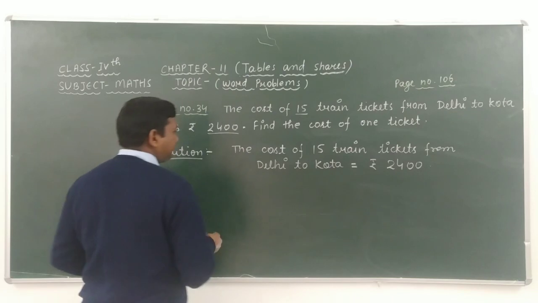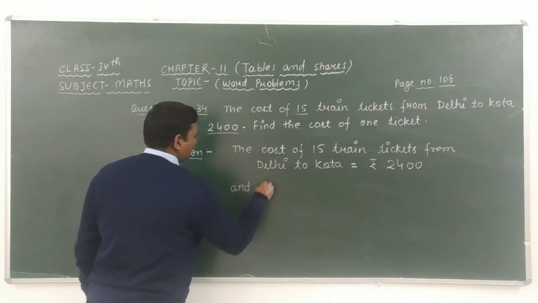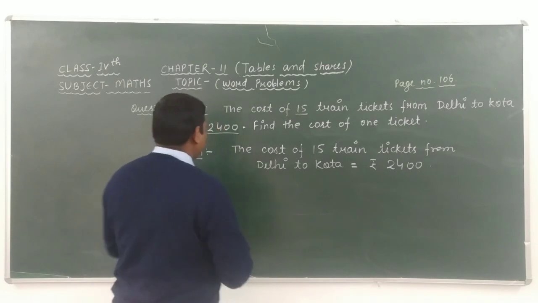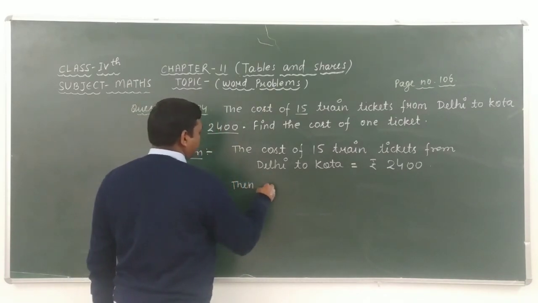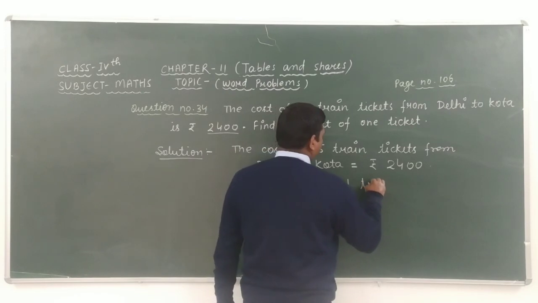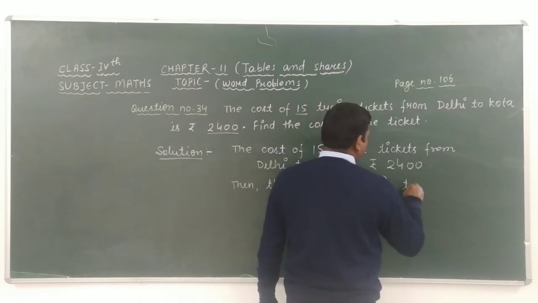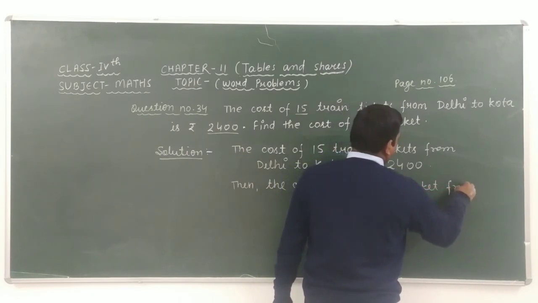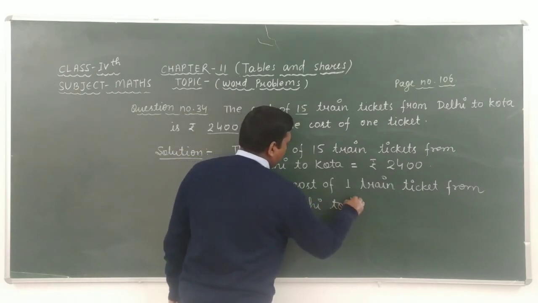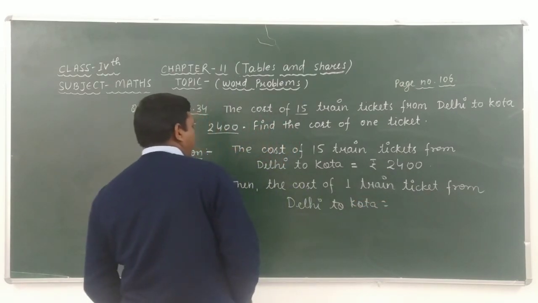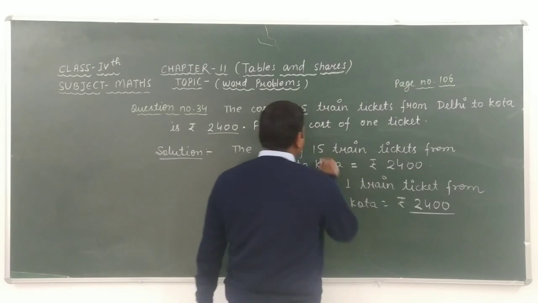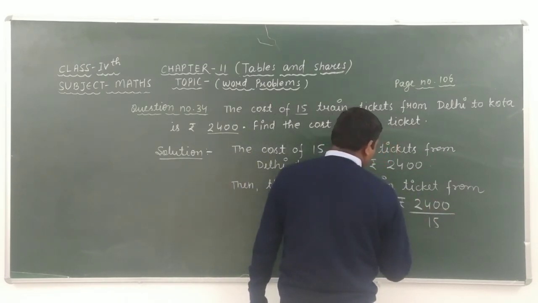And then the cost of one train ticket from Delhi to Kota is equal to... Dear students, in this question we have to take the division of 2400 by 15. Okay, after dividing these we get the result of this question.